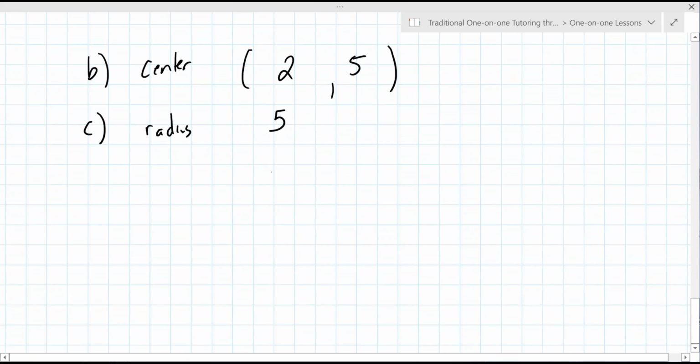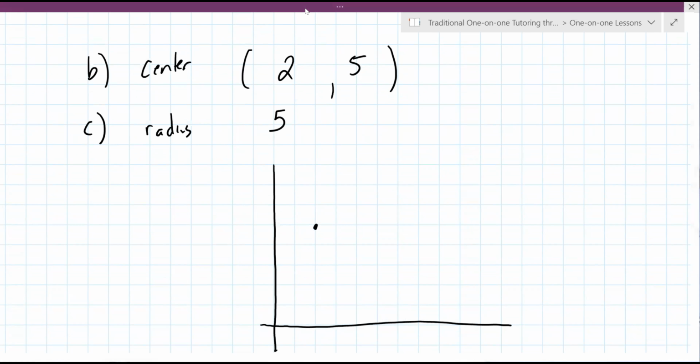Now this one's a little bit nicer to graph. Just 2 over, 5 up. And then I just got to do 5 around. So that would be 2 and 10 for the north, 7 and 5 for the east.